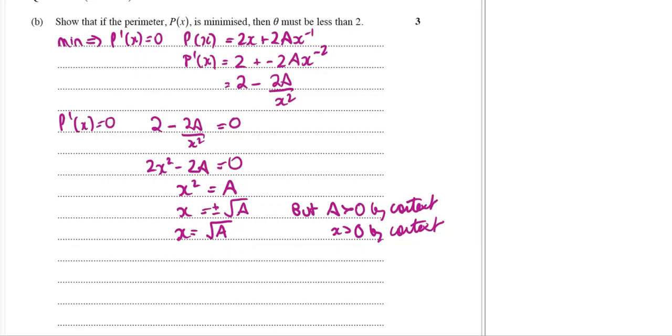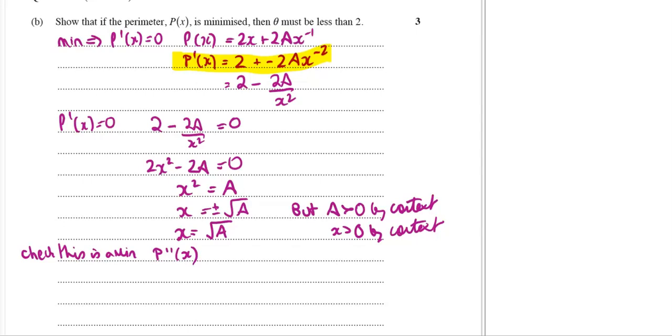We're not quite done. We do need to check this is a minimum. The way we'll do that is we'll look at the second derivative. So P double dash of x, I'm going to differentiate my expression for P dash of x.